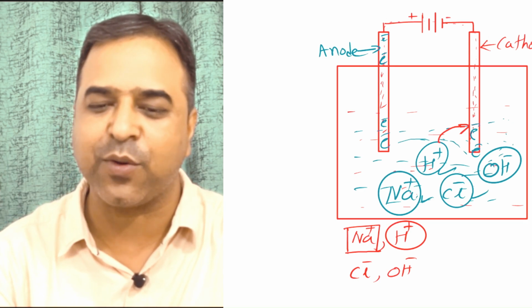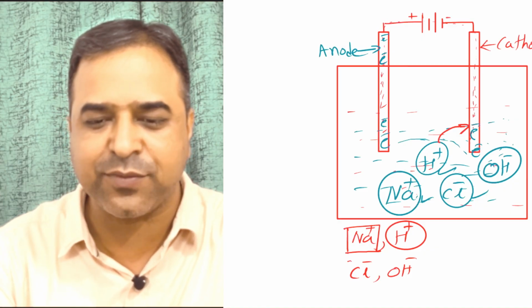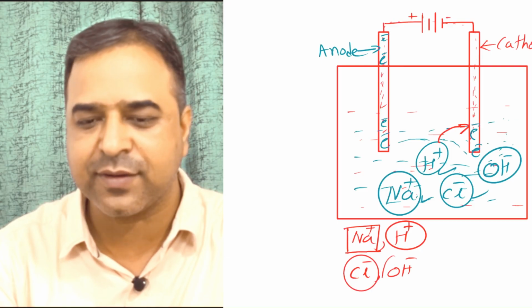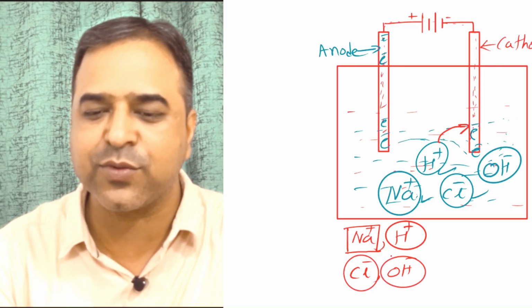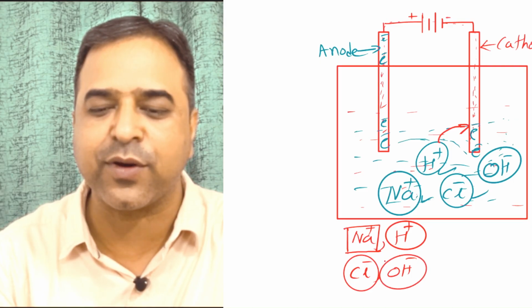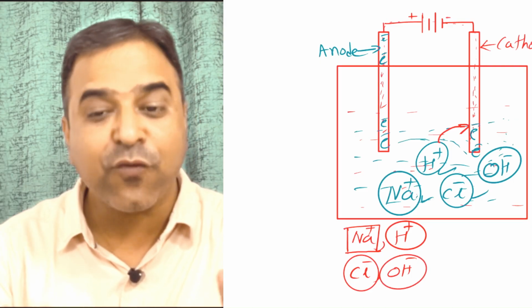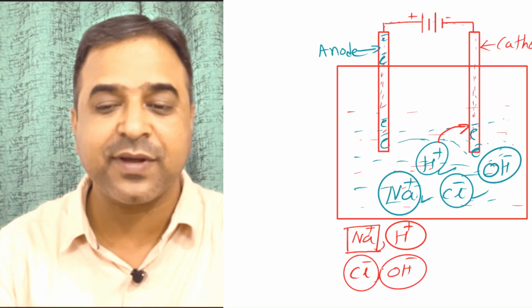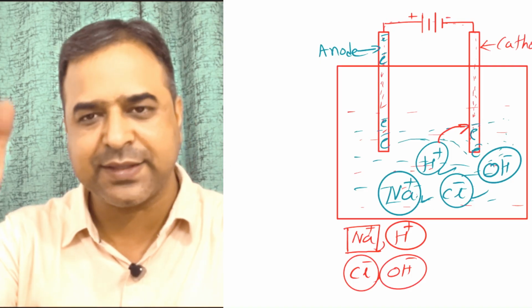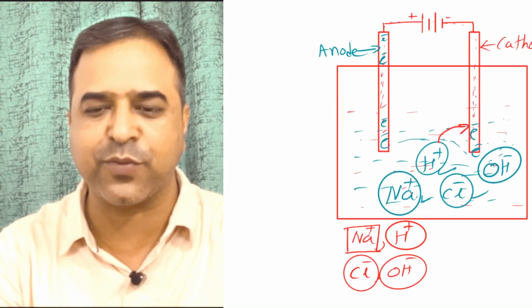Now, out of the negative ions, who will go towards the anode? For that, if they are halogens, fluorine, chlorine, bromine, iodine, they come in the halogen group, group 17.